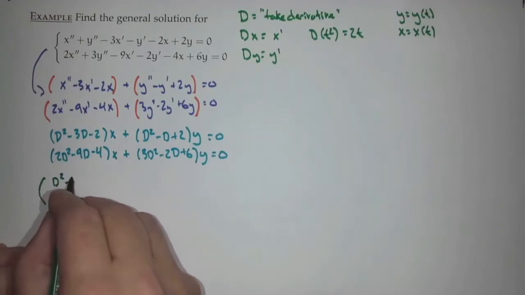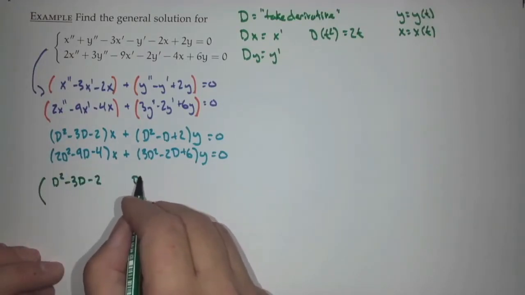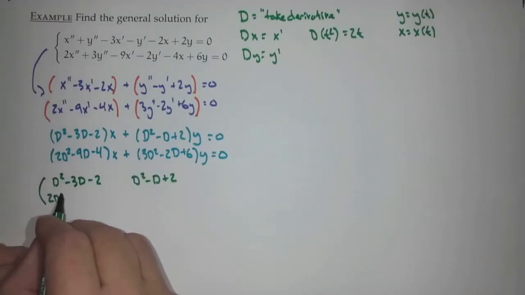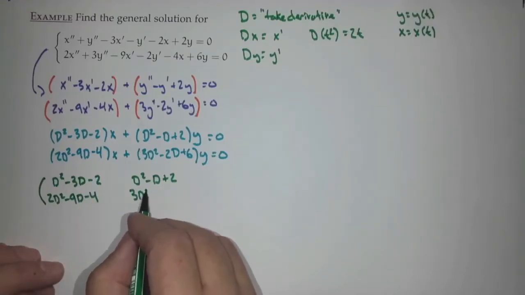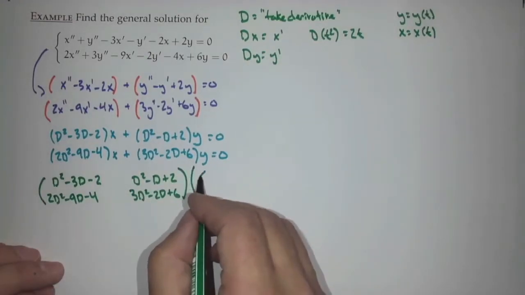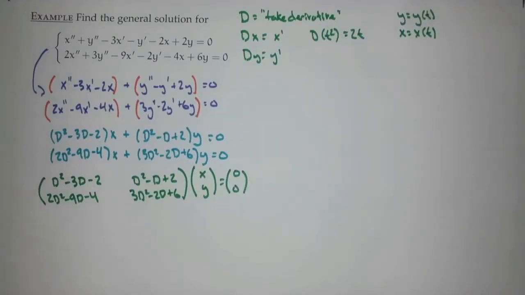We have a 2 by 2 matrix, D squared minus 3D minus 2, D squared minus D plus 2, 2D squared minus 9D minus 4, 3D squared minus 2D plus 6, times x y equals 0, 0.